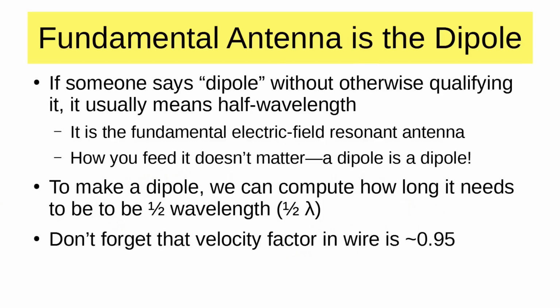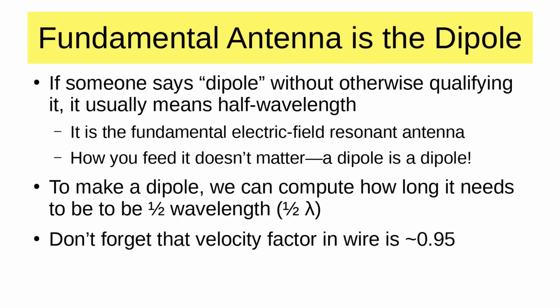Now the fundamental antenna in amateur radio, and actually in almost all work with electromagnetic waves, is the dipole. And you'll find dipoles in the strangest places. When they end a piece of waveguide and want to illuminate the parabolic dish, they will have a little dipole right there, and that waveguide feeds that little dipole.